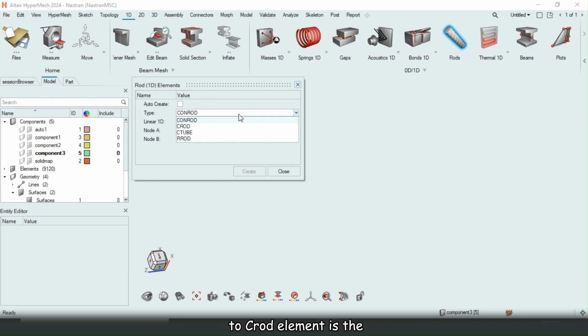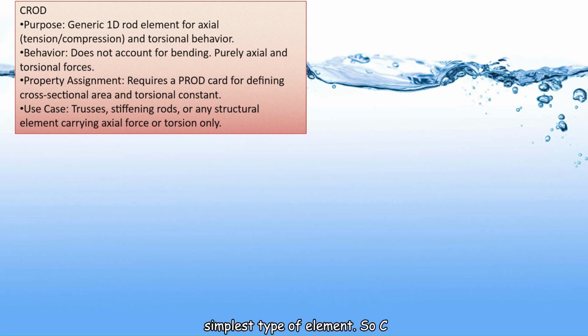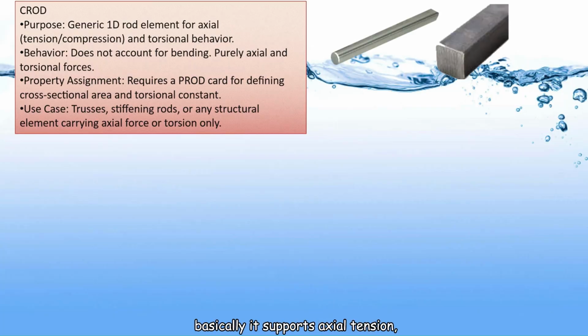Coming to the CROD element, it is the simplest type of element. It is connected by two nodes, and it supports axial tension, compression and torsion behavior, where we define the cross section area in the property, and also the torsional moment of inertia, the polar moment of inertia.